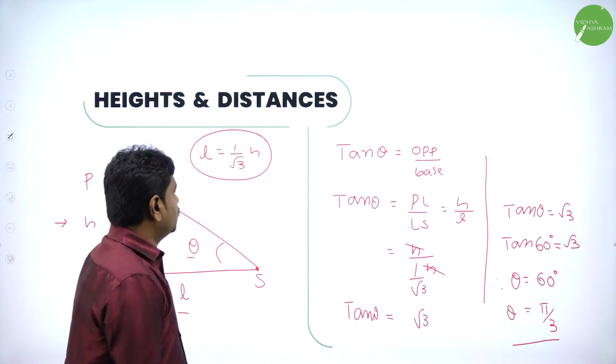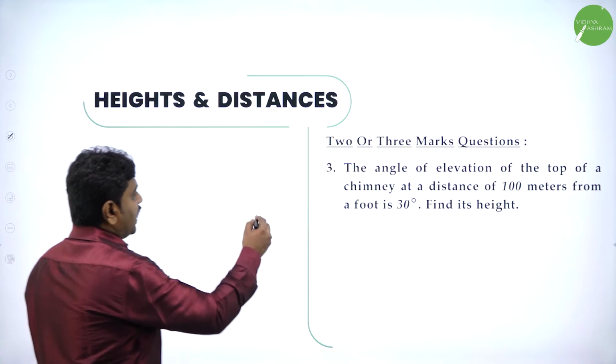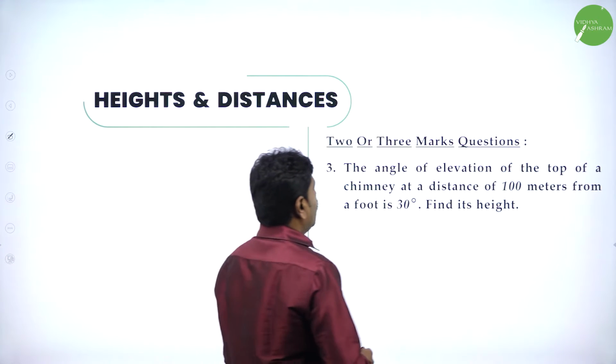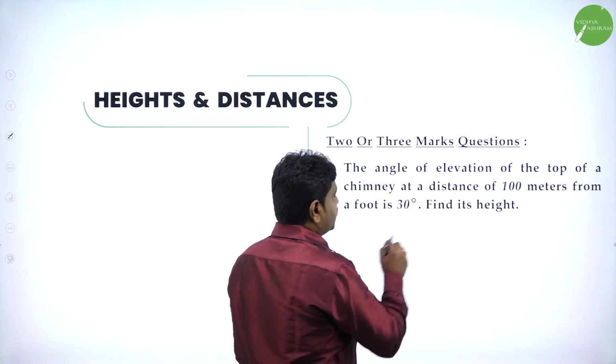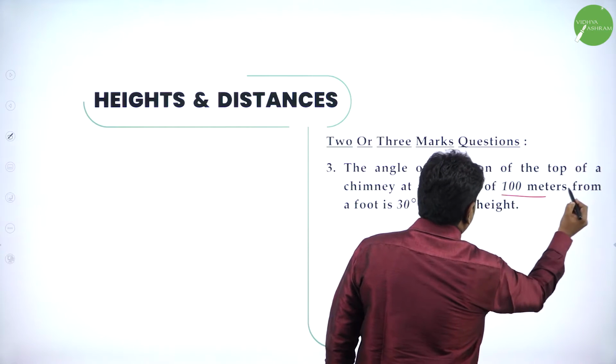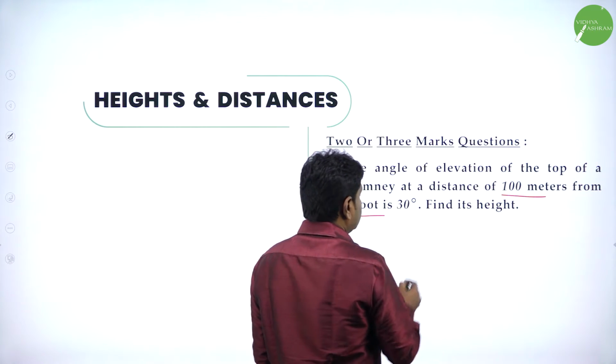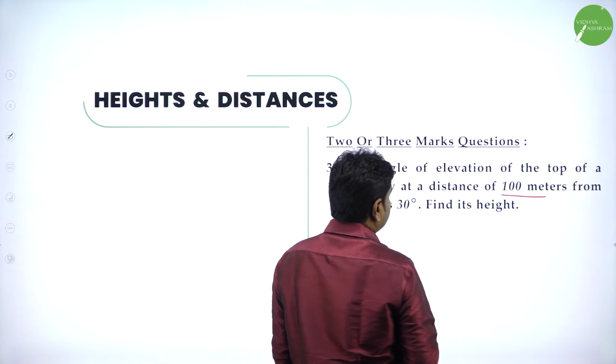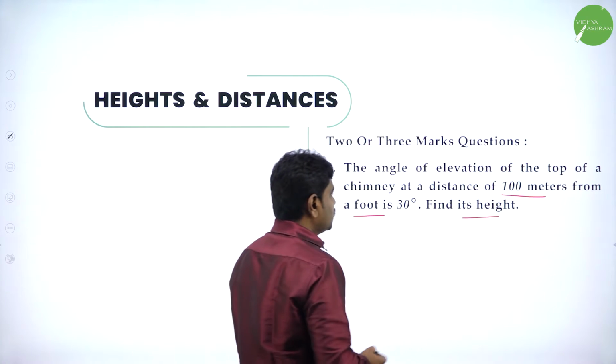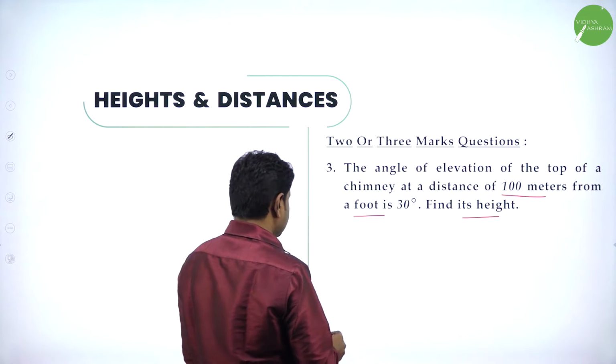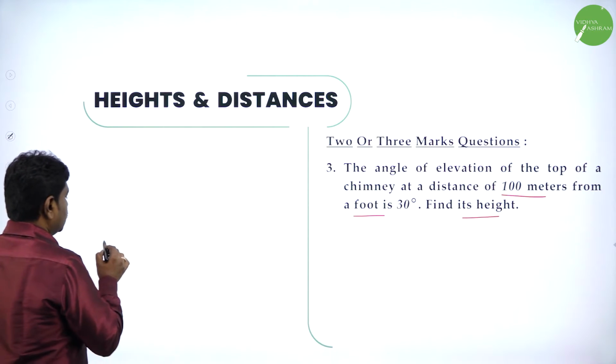Going ahead. The angle of elevation of the top of a chimney at a distance of 100 meters from its foot is 30 degrees. Find its height. So they told at a distance, so let us draw a diagram.